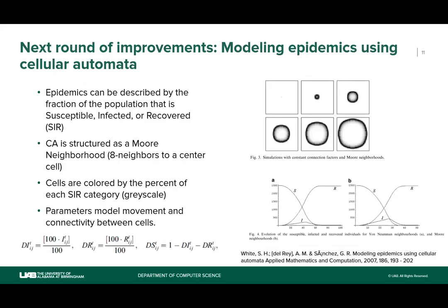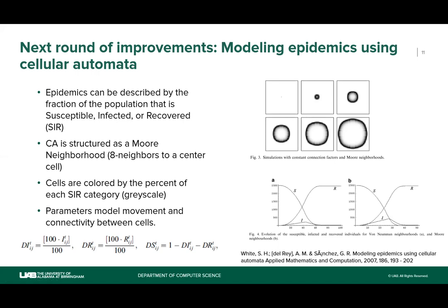Sure. And so the next round that we want to follow is actually improving the images that we generate so that we can hopefully learn much more complex and subtle aspects of our game of COVID and how COVID actually spreads. There's another paper that we were looking at by White, and it essentially looks at how to model epidemics using cellular automata.